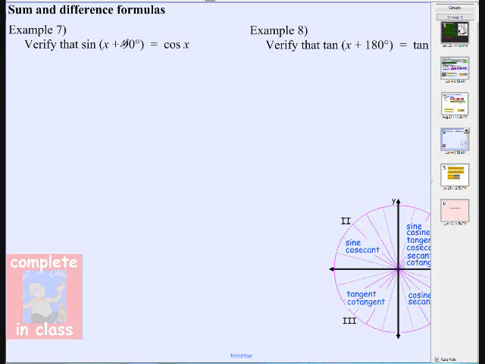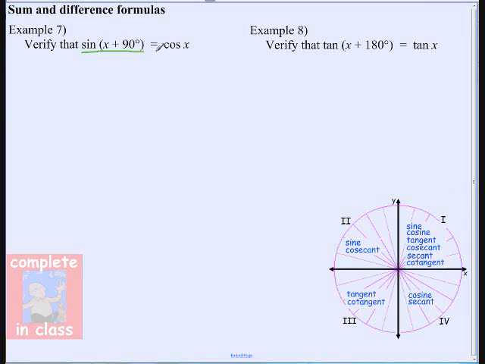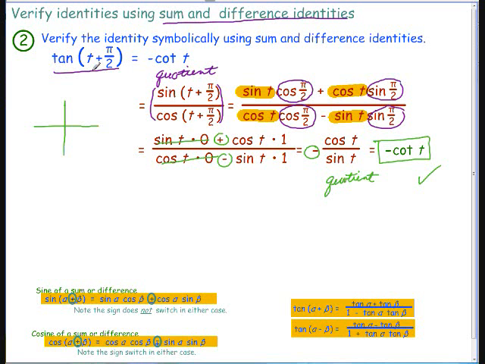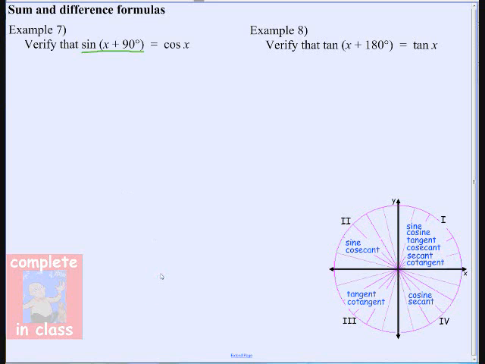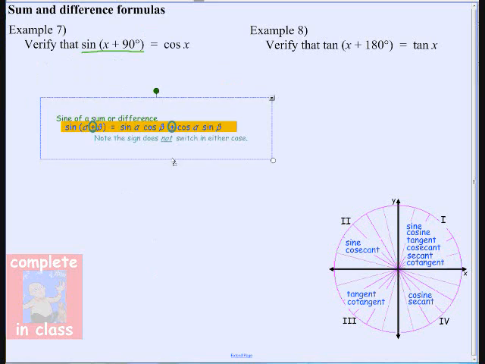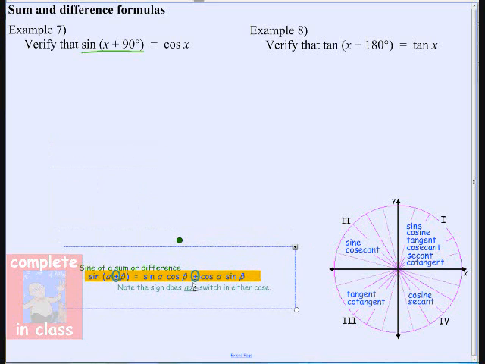Verify this one: sine of x plus 90 degrees equals cosine x. So we're just going to work with this side and see if we can get it to look like that. I'm just going to pick up the sine sum or difference here, because I think that's all I need, at least for this first one. Put it down here.